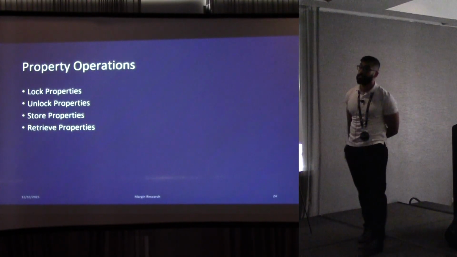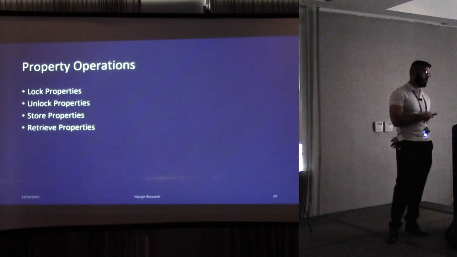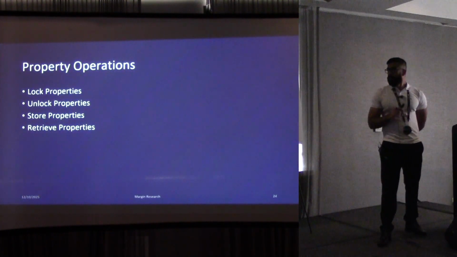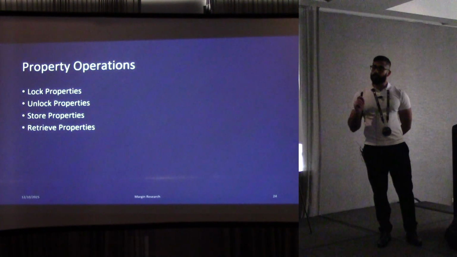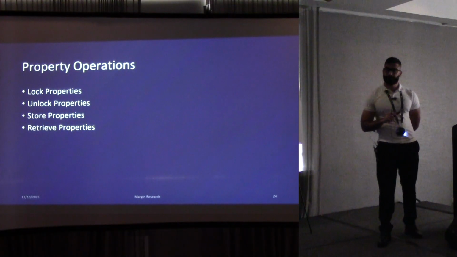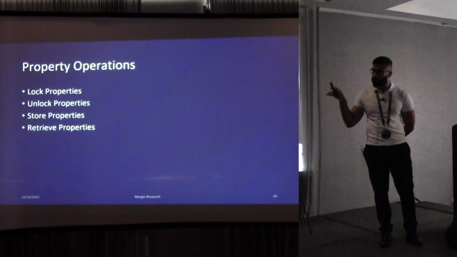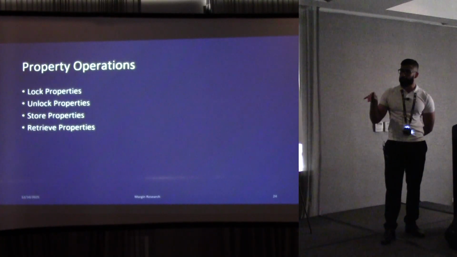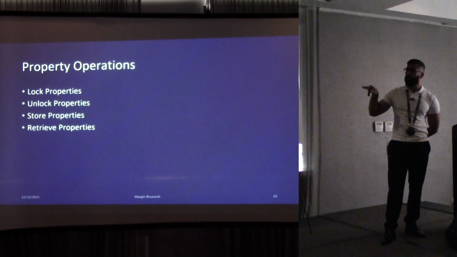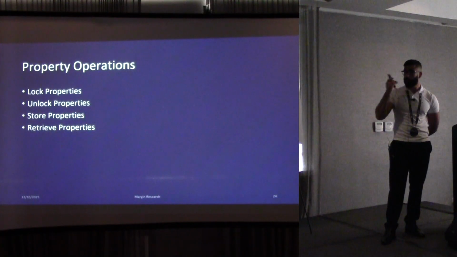Finally, property operations. This is a very interesting part to look for bugs. Why? Most of the cloud API is documented, except these 4. These 4, at least on the FS control part, they're not very documented. And by the time I actually started my research, well, there's 2 things.